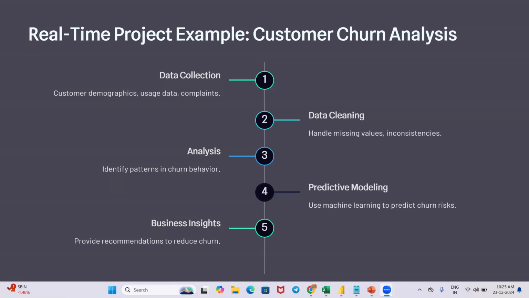It is a telecom company, let us take Airtel or Jio, something like that. The customers are leaving the services of that telecom company, and as a data analyst, you have to find out the reason for that, give the precautions for that, and also tell how to overcome it.